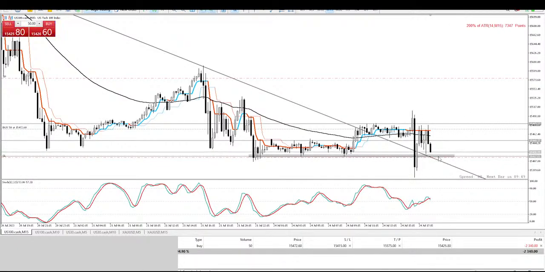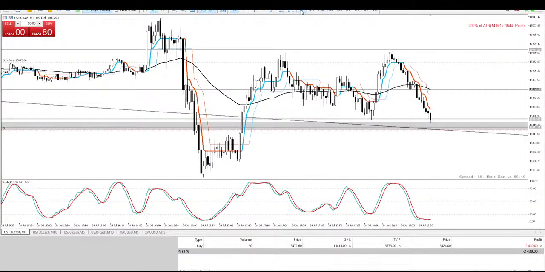Still ranging unless it breaks below here, which it looks like it's about to. If it breaks below, I'll look for a little retracement, and then maybe look for shorts.